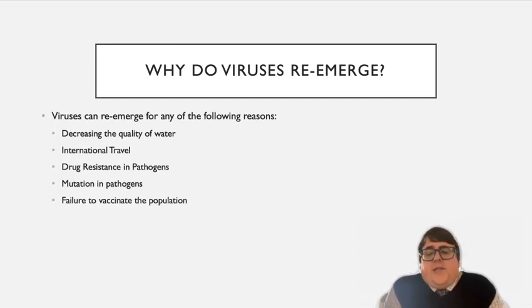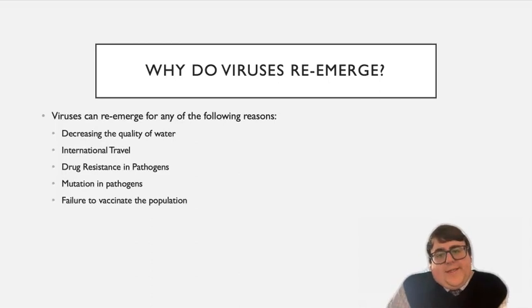We've got a decrease in the quality of water, with more and more countries having poorer sanitation levels or reductions in the income of the country. We're seeing lower quality water and people getting sicker because of that. We're seeing pathogens obtain drug resistance or antibiotic resistance because we've been overusing antibiotics. We've got pathogens that are mutating, so they're now not treated by the old ways that we used to treat them.